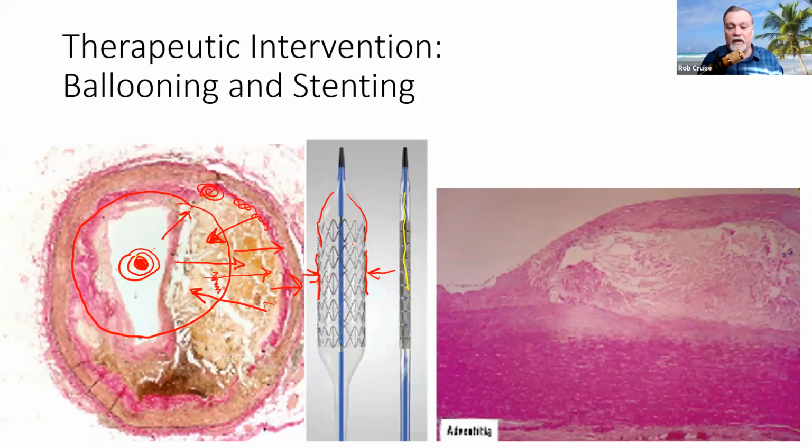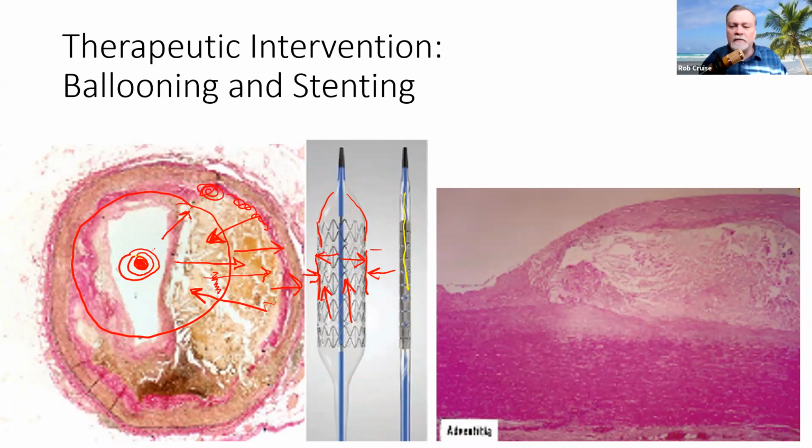So you keep that open. If you're just ballooning, you keep it open for an appropriate amount of time. If you're not, the stent will help fight against the elastin fibers and keep that open, so that you can have a nice blood flow to wherever body part you're draining. It's going from that body part back to the heart.